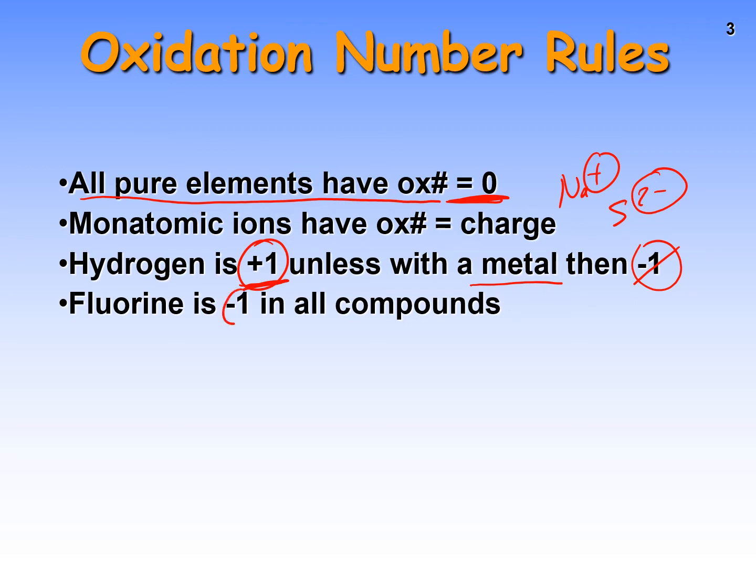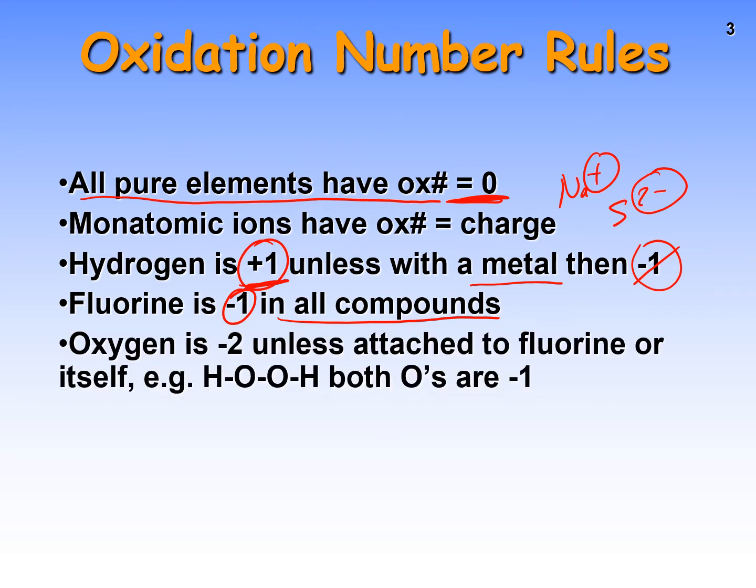Fluorine is always -1 if it's in a compound. If it's by itself, then it's 0. See the first bullet point in this slide. And oxygen is almost always 2- unless in O2, then it's 0. But there's a couple other issues. If it's attached to fluorine or if it's attached to itself: with fluorine, we don't know what it is, we have to figure that out.